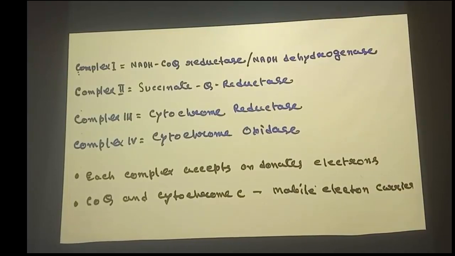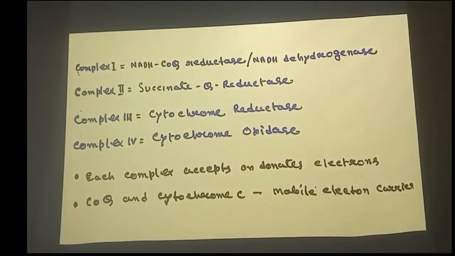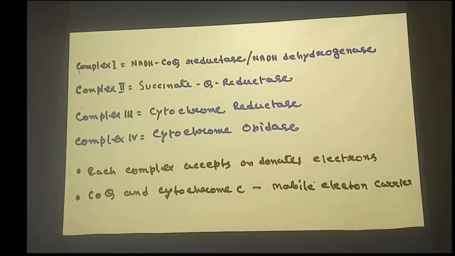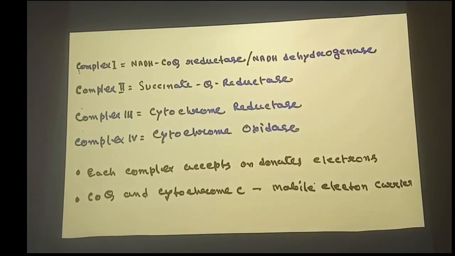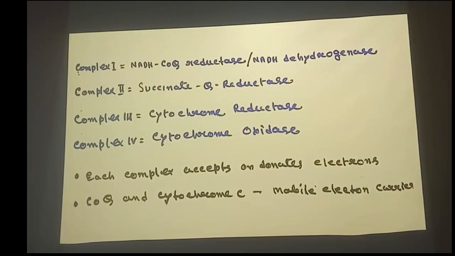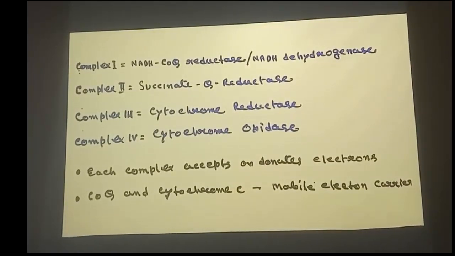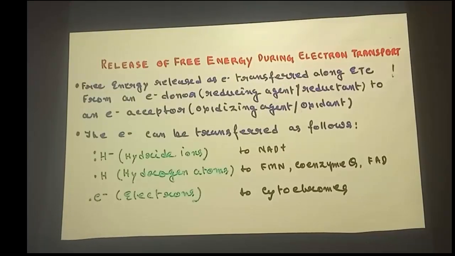Reducing equivalents are produced in the mitochondrial matrix as a result of beta oxidation or the citric acid cycle, or transported from the cytosol to the mitochondria, and ultimately utilized through this electron transport chain to be further oxidized and give rise to energy.